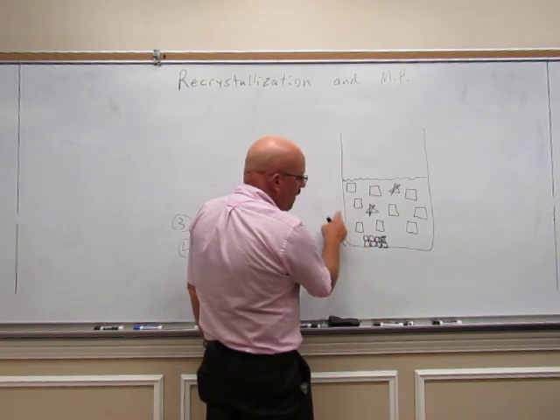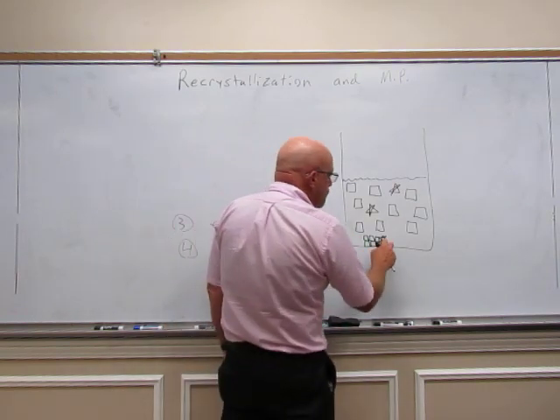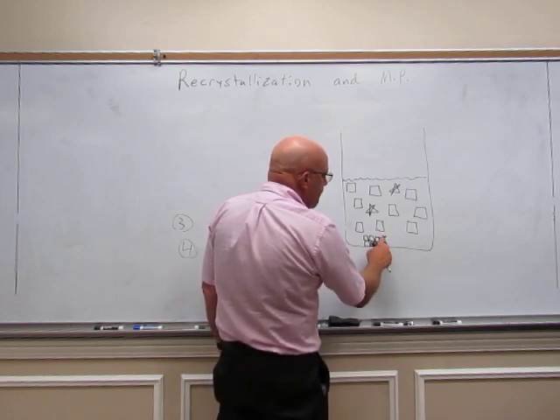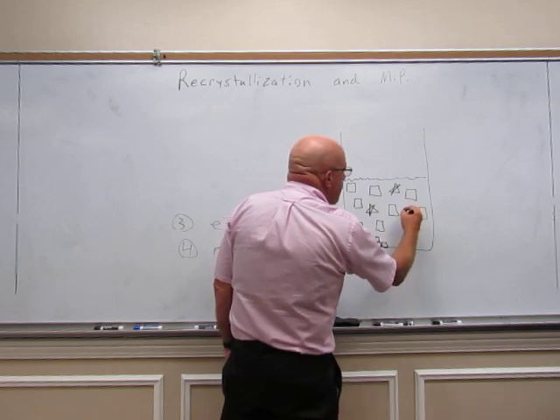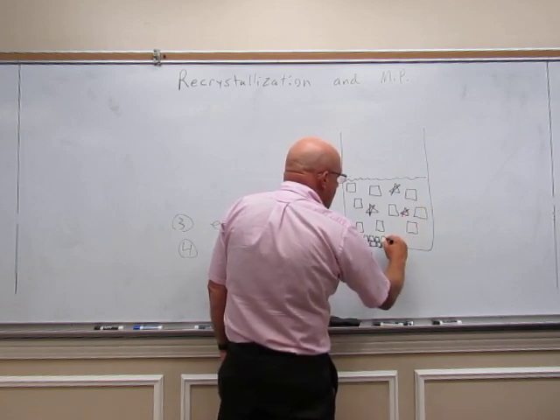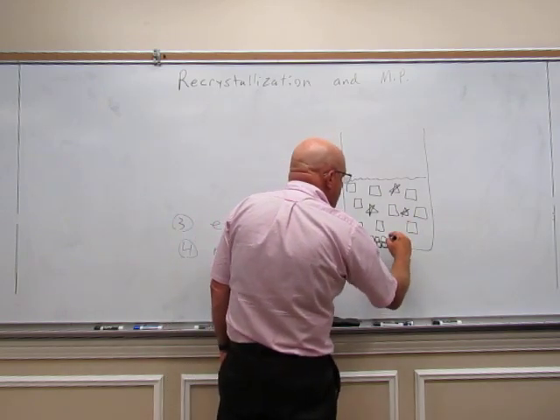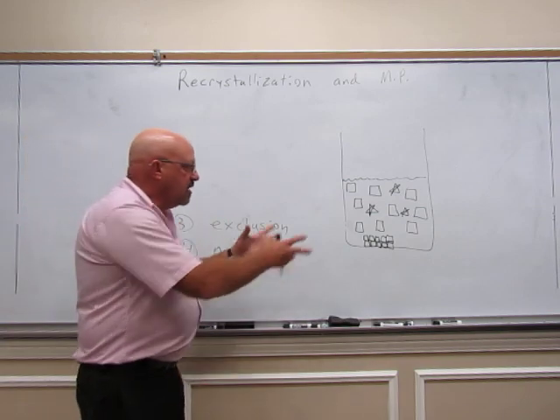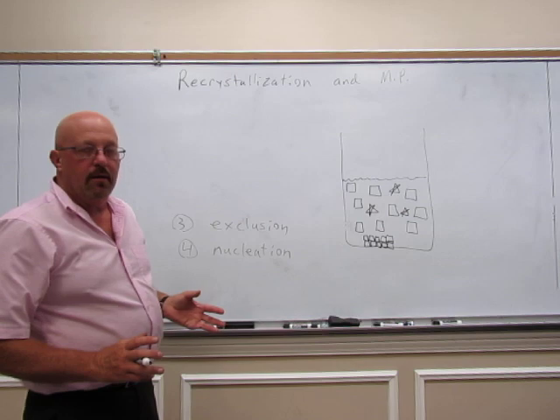Any of these can come back off. They'll fit onto the crystal and they'll come back off into solution. So the star comes in here and tries to fit and it doesn't work. So it'll go back up into solution, and now maybe a square will come in there and fit, and then maybe another square. And so that's the exclusion. It excludes the impurities because they're not going to fit right.